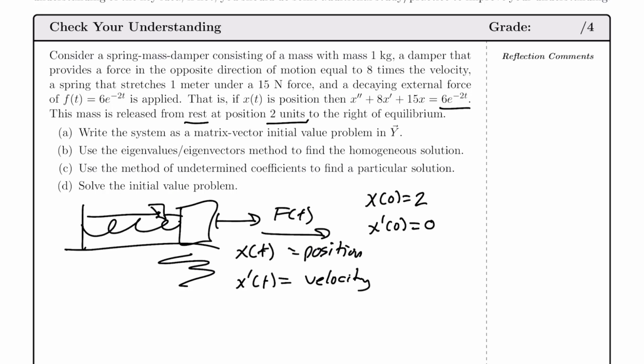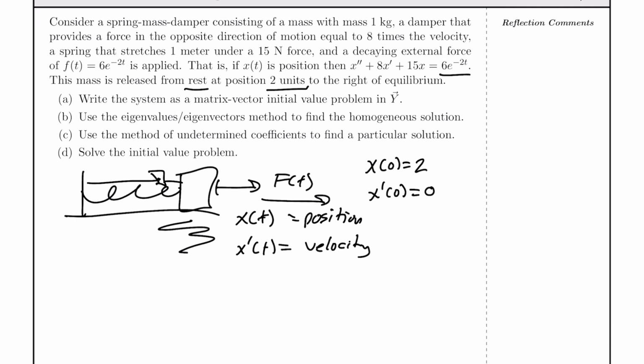And the way they want us to solve this is to write it as a matrix vector initial value problem in y. So they want us to think, instead of just solving for x, they want us to solve in terms of state space. So that y vector is going to be position, velocity bundled up together into a state. Okay?